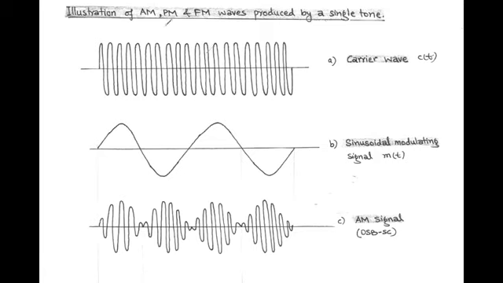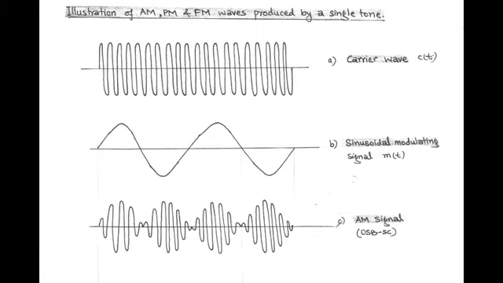Now, first in case of amplitude modulation, that is double sideband suppressed carrier, the waveform is in the form of an envelope. Before modulation, the amplitude of the carrier is constant. But after amplitude modulation, the amplitude of the carrier is changed instantaneously according to the message signal and is called the amplitude modulated wave, that is in the form of an envelope.